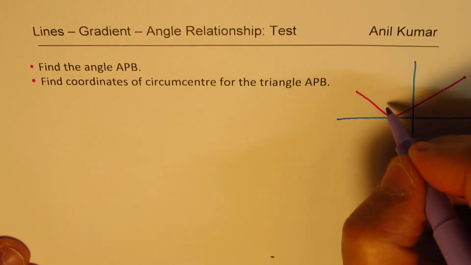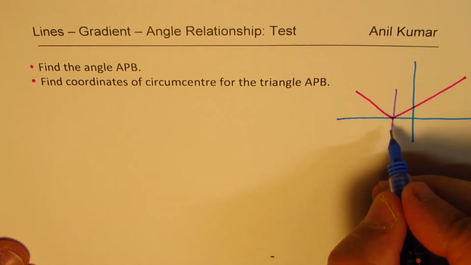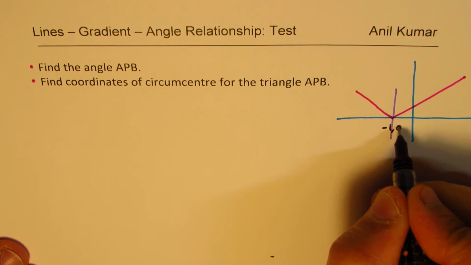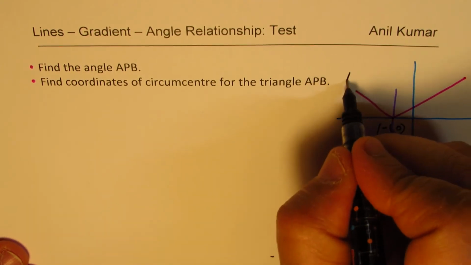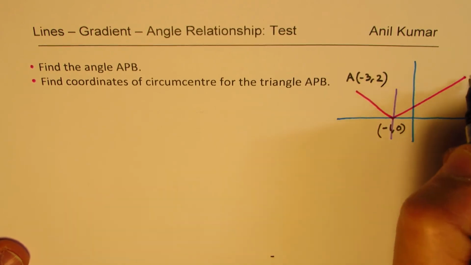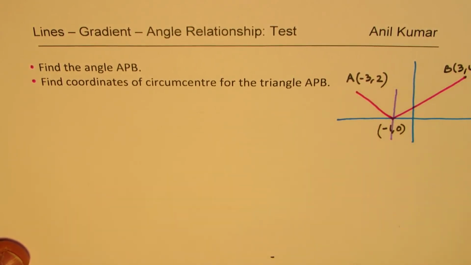And we also found that this point here is basically minus 1, correct? Let me write (minus 1, 0). Point A was given to us as (minus 3, 2), and point B was given to us as (3, 4), correct? So that is the scenario.